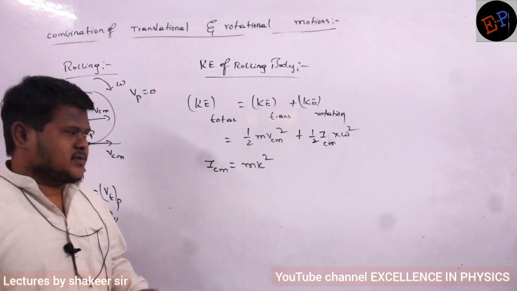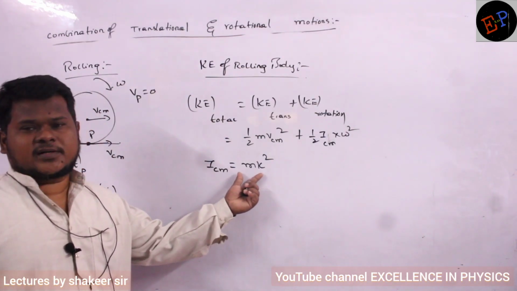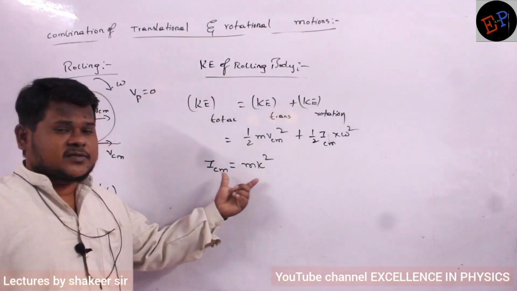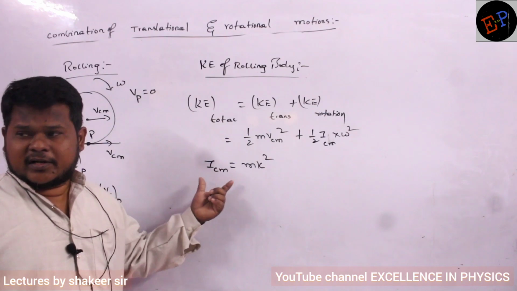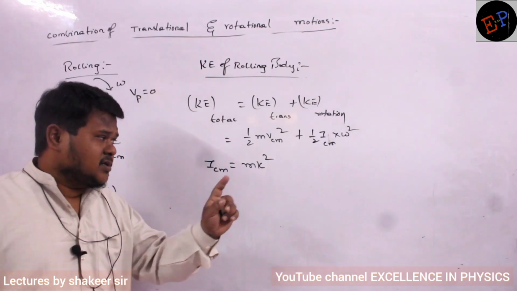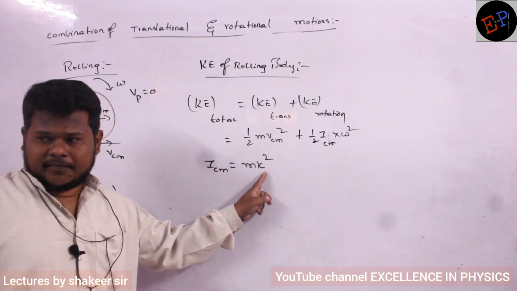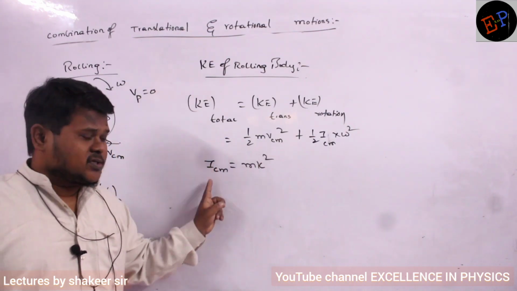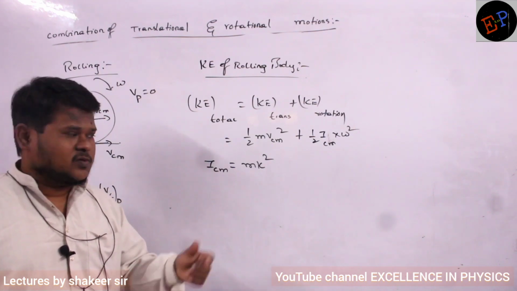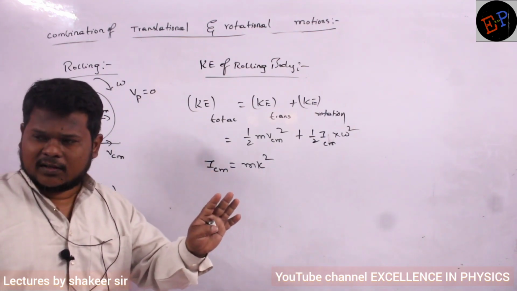Moment of inertia can be written as mk square also. Do you remember? We have studied a concept called radius of gyration, no? Radius of gyration, where the total body I convert into a point mass and rotate at a distance of k. Then moment of inertia of the original body and moment of inertia of the point mass both should be equal. So I is equal to mk square, also I can write.